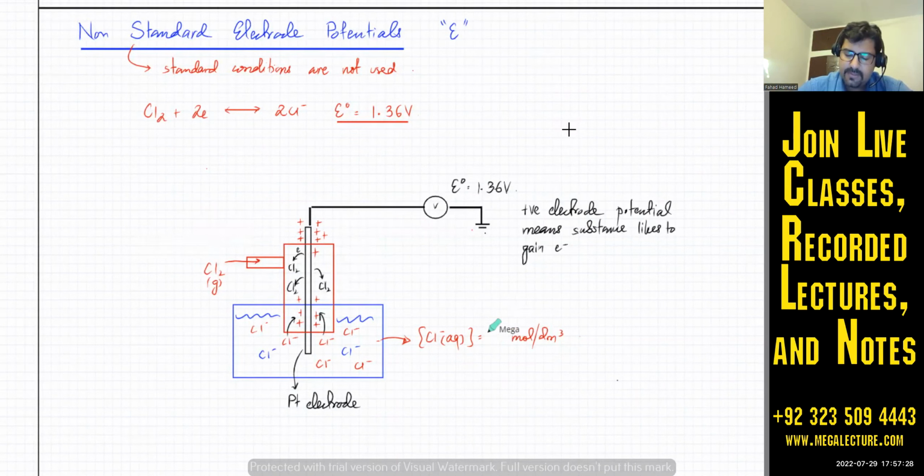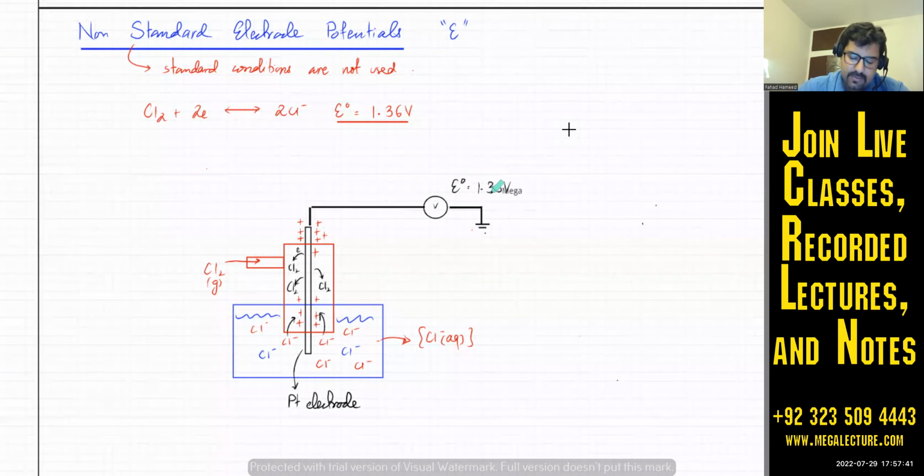The Cl minus 1 concentration is no longer 1 mole per dm cube. ठीक है. You've got a platinum electrode. इसको भी हटा देते हैं, पहले किया था. अच्छा, so this is 1.36 volts, but under standard conditions.